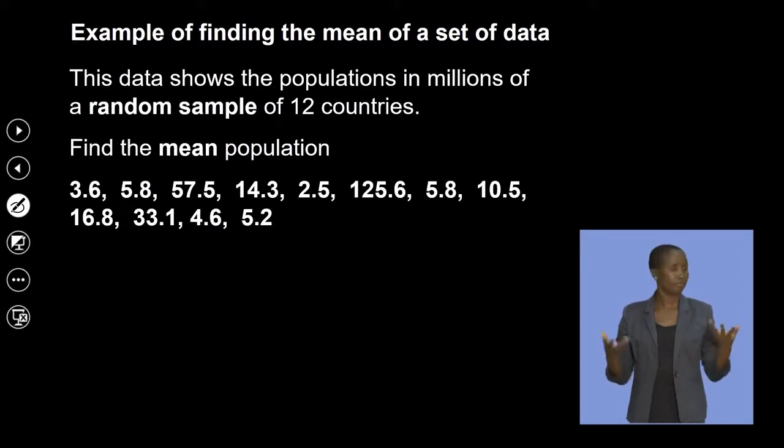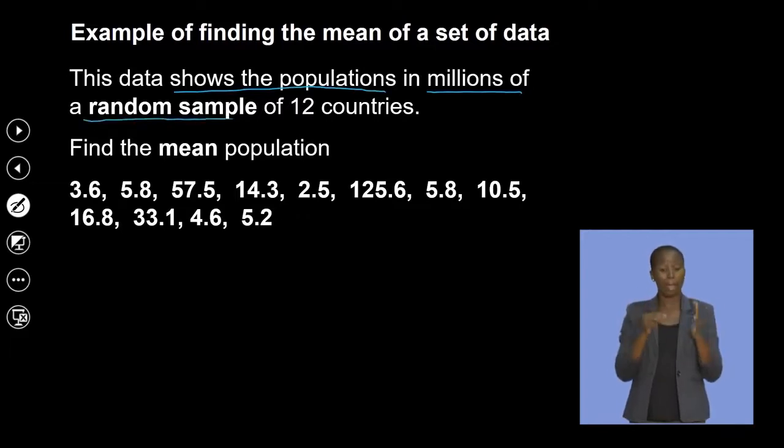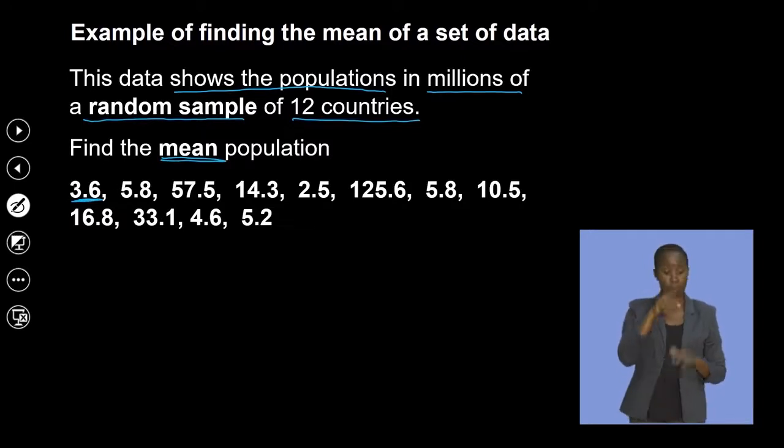Okay, so this data shows the population in millions of a random sample of 12 countries. What you have to do is find the mean population of the 12 countries. So this is 3.6 million, 5.8 million, which is another country.